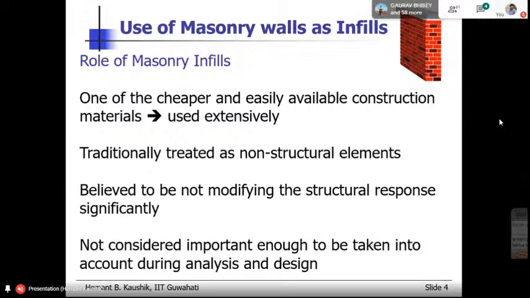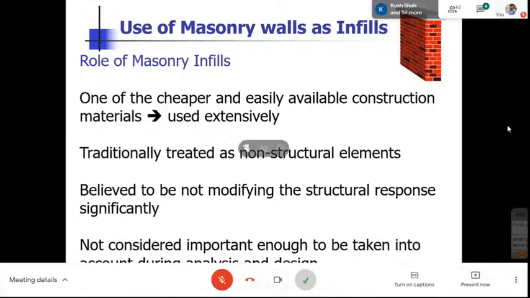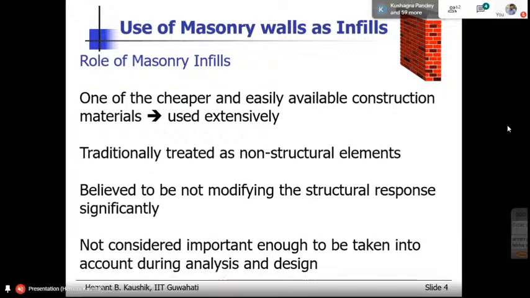You have to carry out a large number of tests, which we discussed, I think, in the previous presentation. But anyway, we tend to believe that they will not modify the structural response, and that assumption makes our life easier because we don't bother about masonry. But during earthquakes, the story is different. These infill walls change the behavior of the system, and change it considerably.